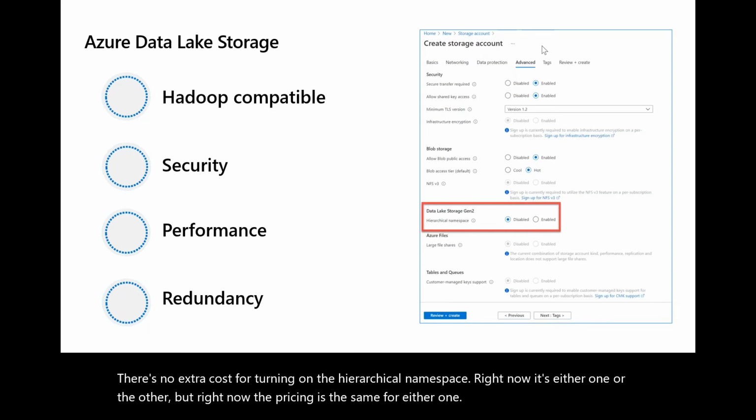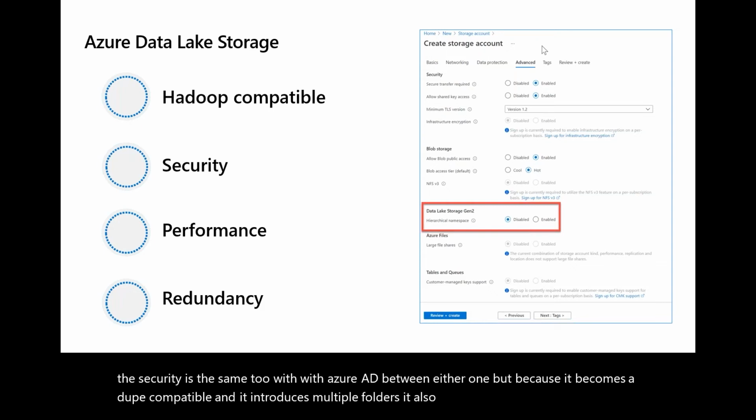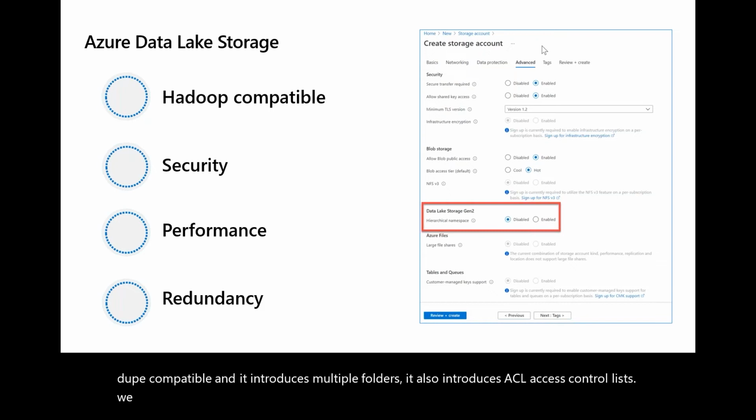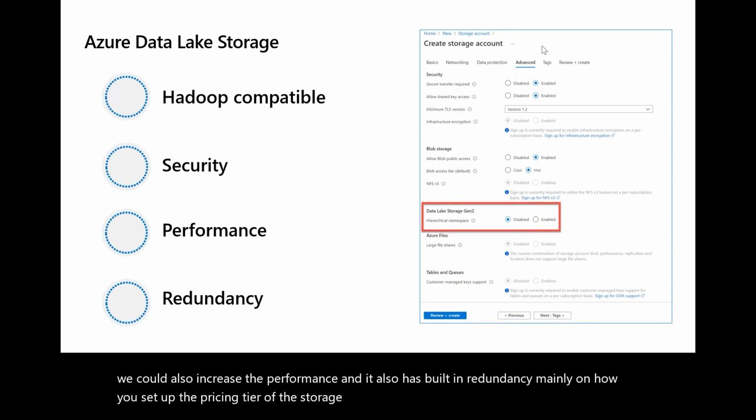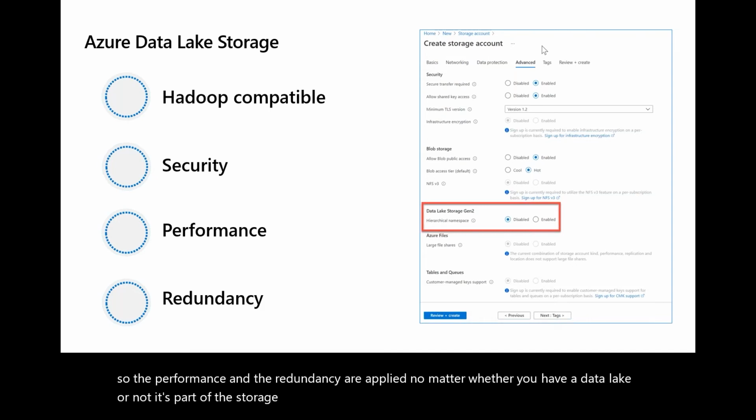The security is the same too with Azure AD between either one, but because it becomes Hadoop compatible and it introduces multiple folders, it also introduces ACLs, access control lists. We can also increase the performance, and it also has built-in redundancy, mainly on how you set up the pricing tier of the storage account. So the performance and the redundancy are applied no matter whether you have a data lake or not. It's part of the storage account functionality.